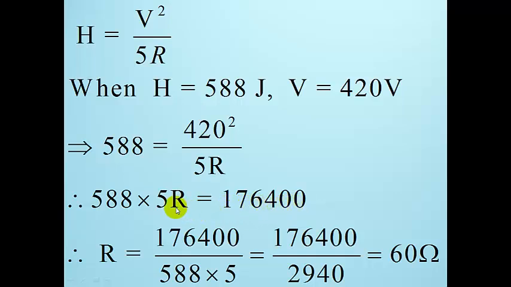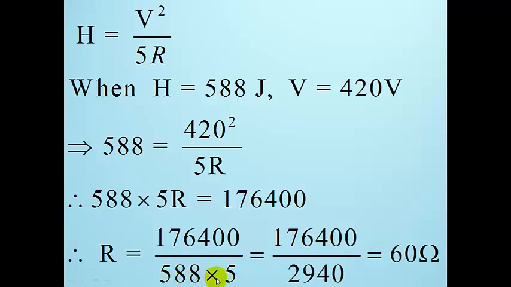Now we are solving for R. So we divide the left hand side by 588 times 5. Because it's multiplying, we can divide it by 588 times 5, and we divide the right hand side also by 588 times 5. In doing that, when we divide the left hand side by 588 times 5, we are left with R. And when we divide the right hand side by 588 times 5, we have 176400 divided by 588 times 5.